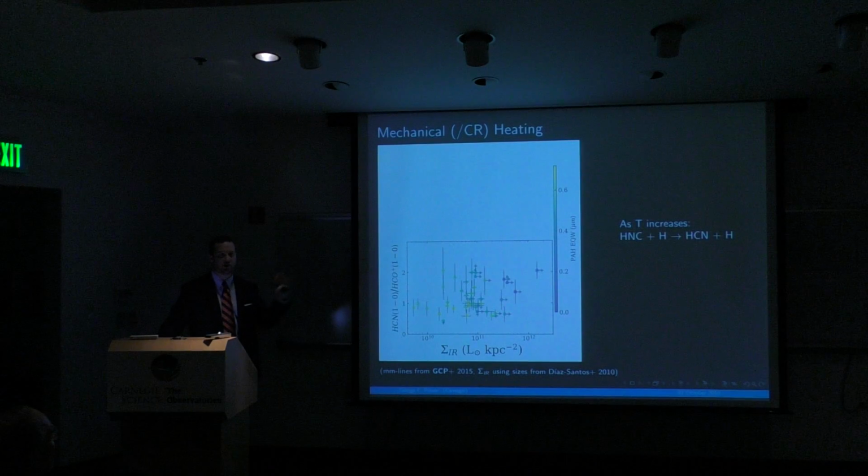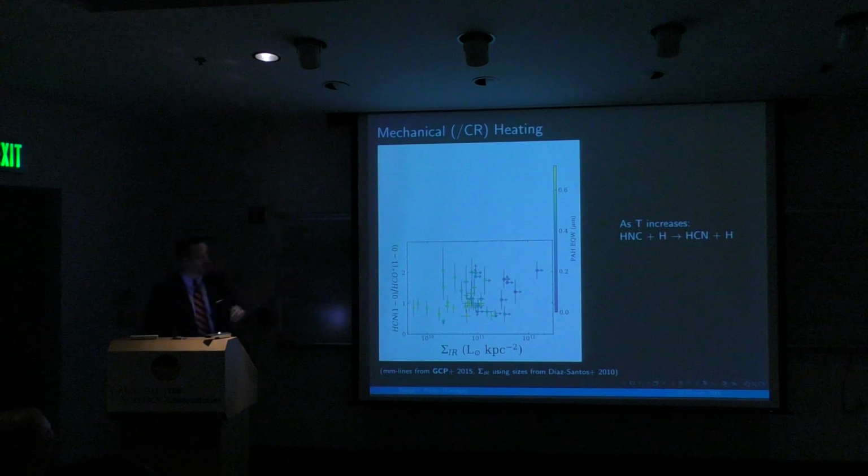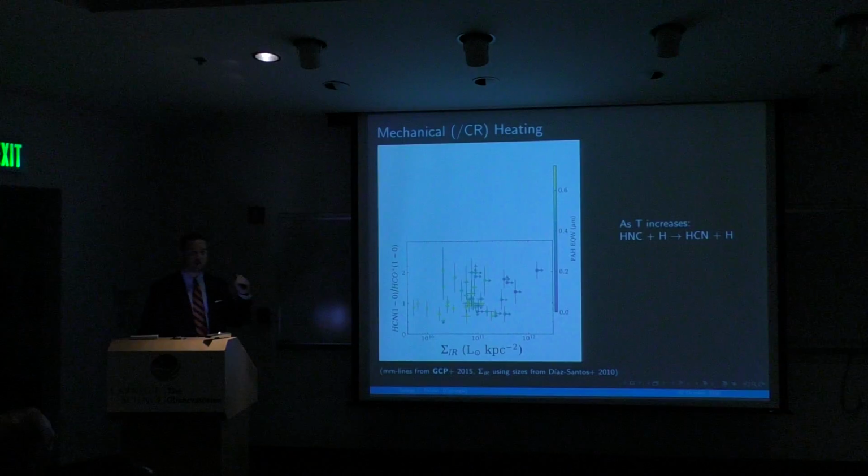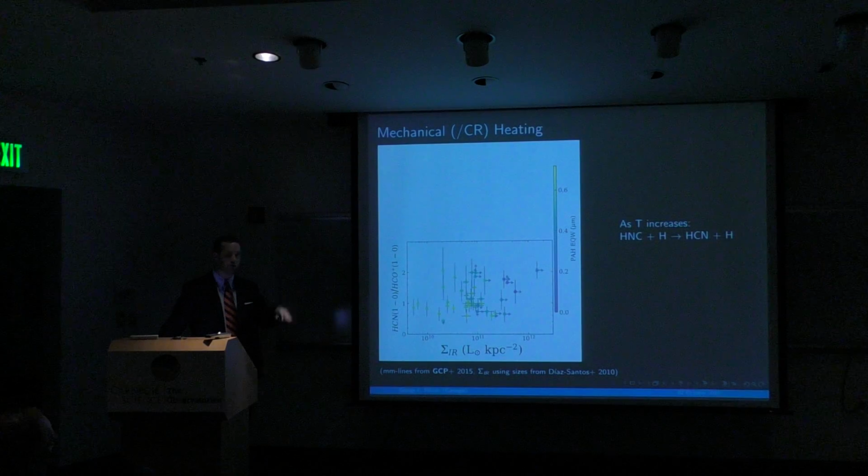The argument is that things on the right have much more mechanical energy input into the molecular gas than things on the left. So if this chemical reaction is driving the HCN enhancements, then we should see that as that mechanical heating rate goes up, the HCN to HNC ratio should go down as you deplete the HNC molecules.